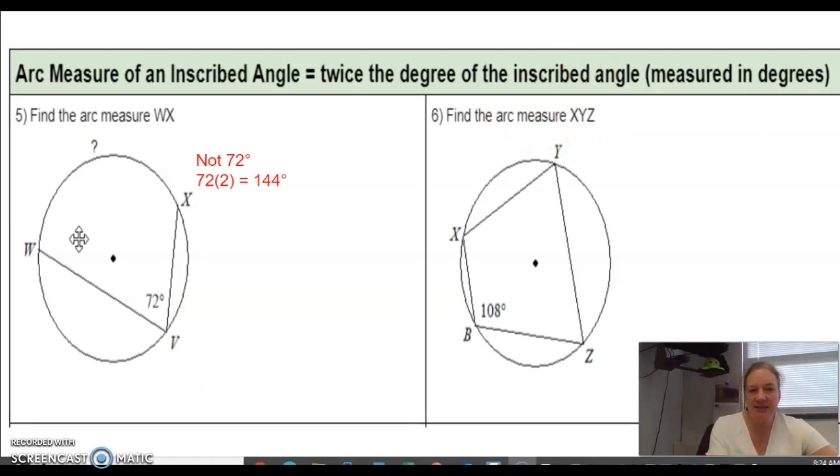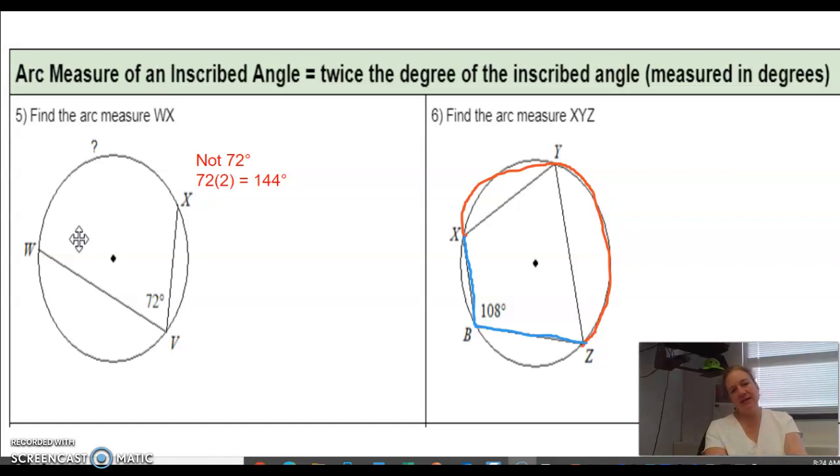Trace the stinking arc. So I'm going to start at X. I'm going to trace all the way around to Y, all the way down to Z. This is what I'm looking at. So I want the angle that goes from X to B to Z. I want the angle, let me find a different color. There we go. I want the angle that is inscribing that arc, okay?